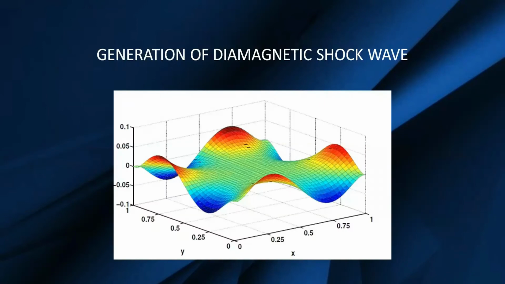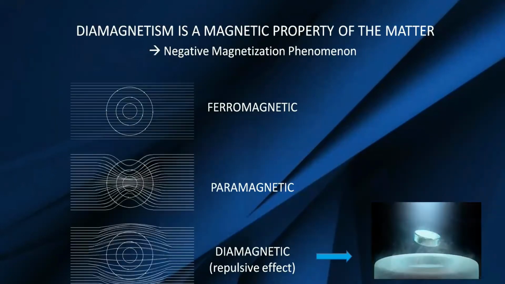At first, we will analyze the generation of the shock waves with this machine, starting from the concept that the machine exploits the diamagnetic properties of the acoustic lens that will focalize the pressures inside the body.